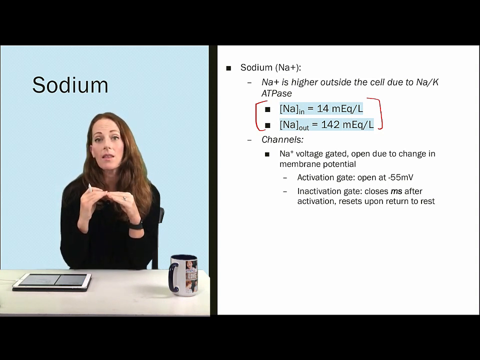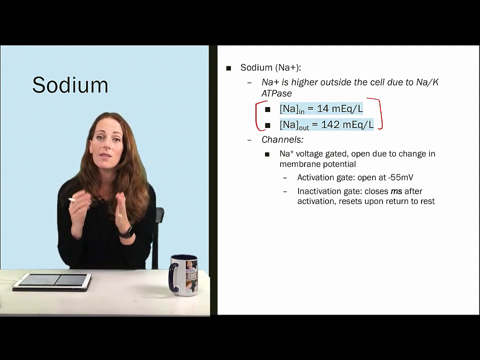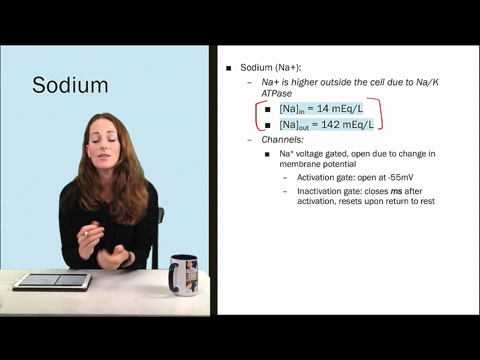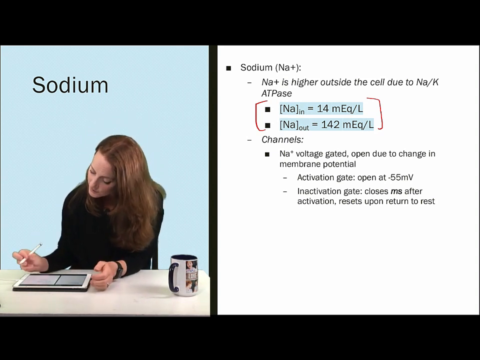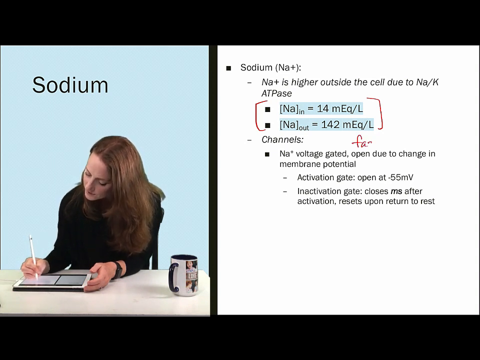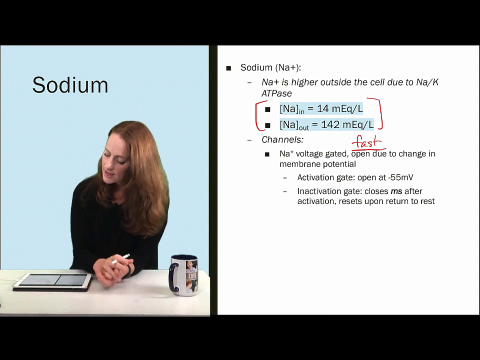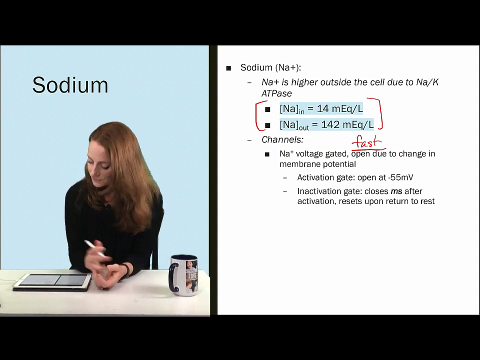That's very important. They open quickly, and as they open quickly, they're going to allow sodium to enter into the cell and depolarize the membrane. So these channels are fast, much faster than potassium channels, and they open due to changes in membrane potential.